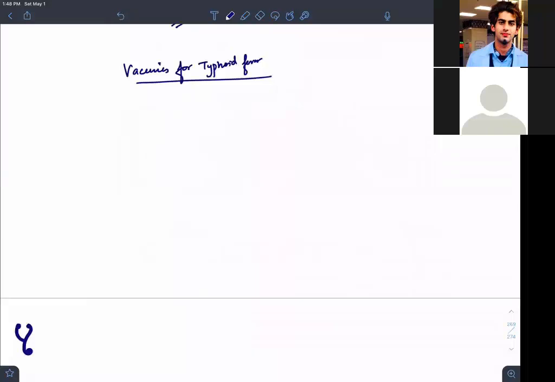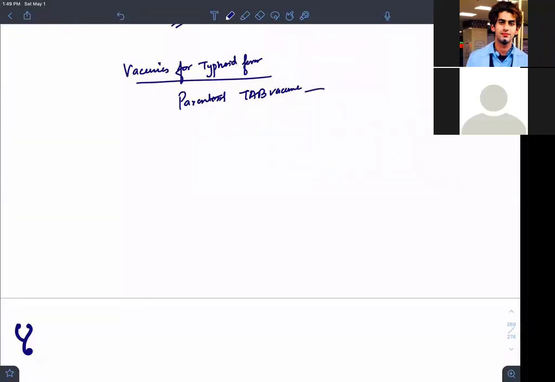First, I should write parenteral TAB vaccine. I hope you can understand what TAB means.